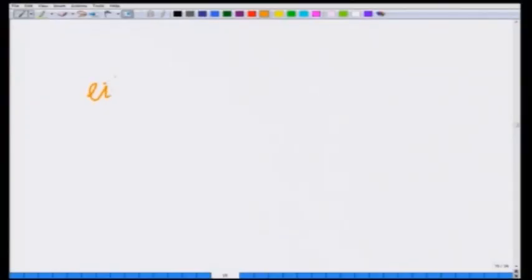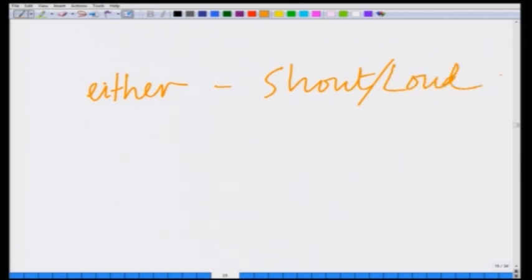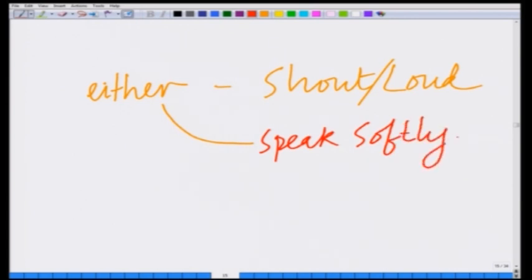So, each person can be either loud or soft. And you can easily guess what the dominant strategy, or the dominant action equilibrium, is in this scenario.